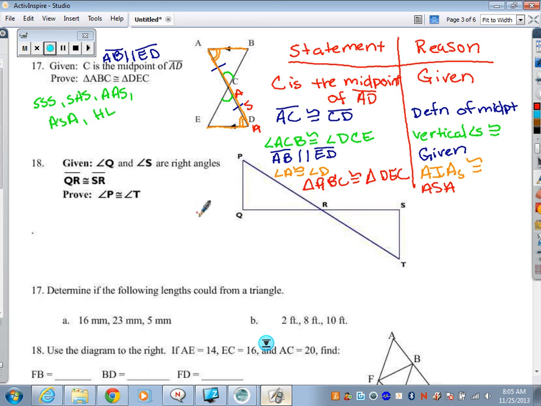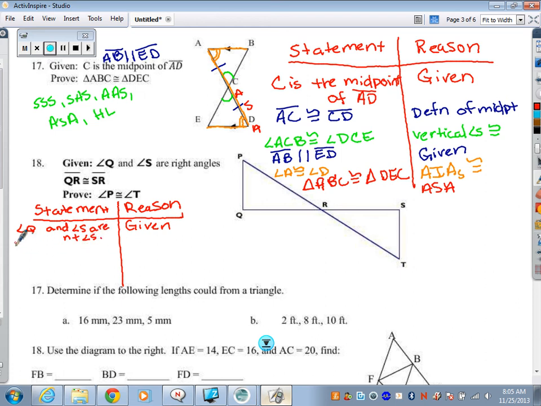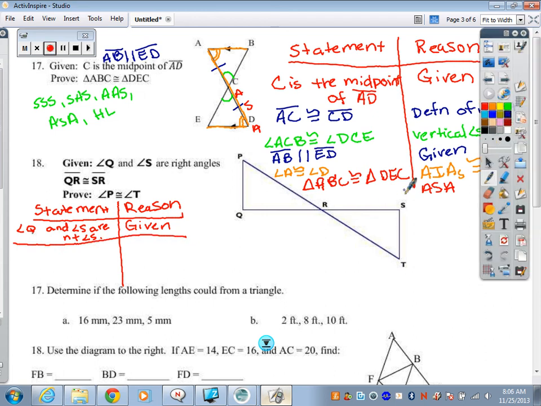Okay, the next one. Angle Q and angle S are right angles. That's given. Let's put it in our picture.